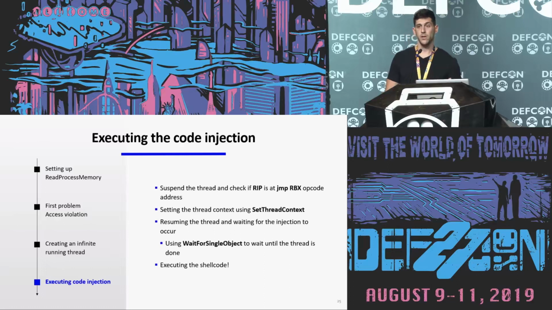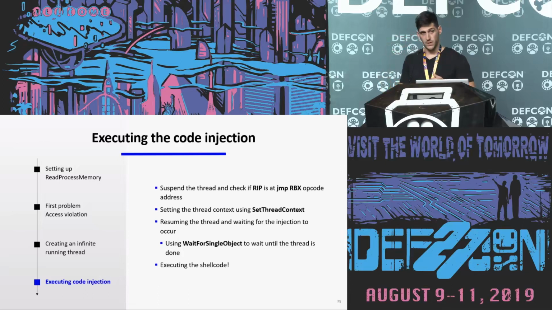RDX is going to point to the address of the shellcode in the injecting process. The buffer, the lpBuffer, which is R8, is going to point to the location we allocated for the shellcode. R9, which is the size, is going to be the size of the shellcode.